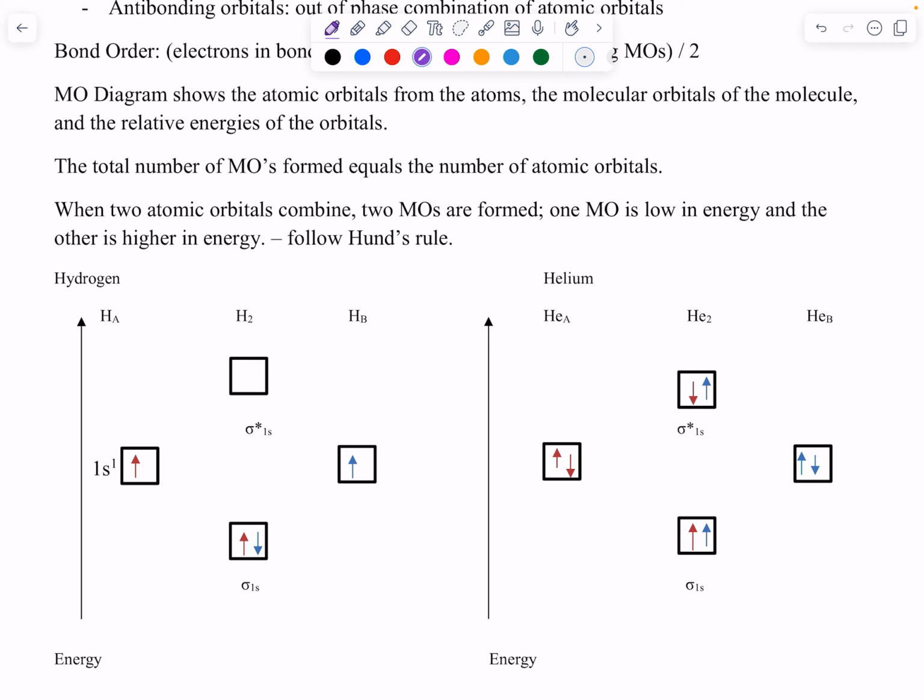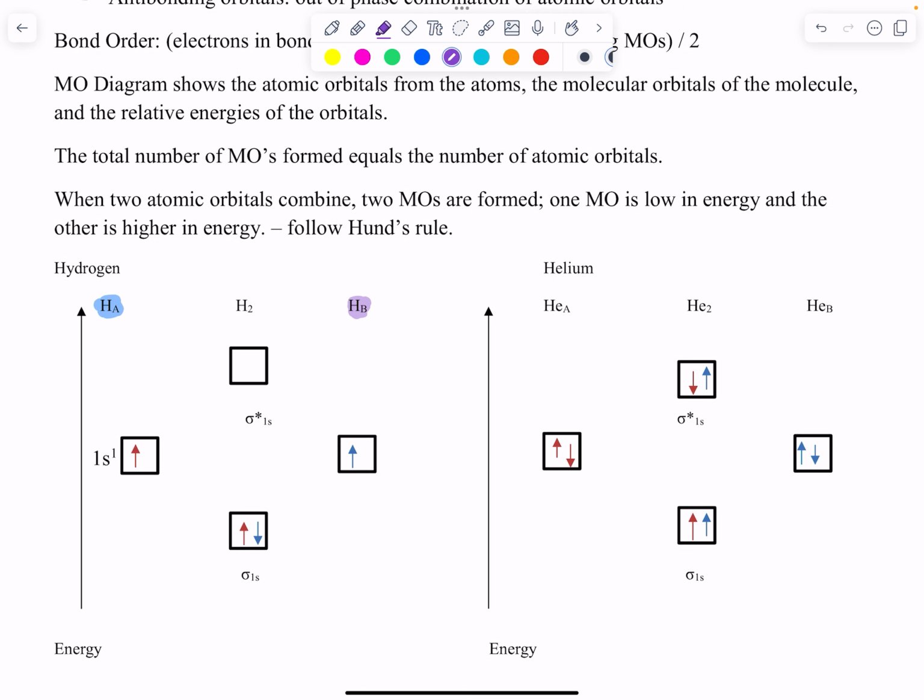You got a hydrogen, and I'm going to make the hydrogen highlight. You got the blue hydrogen and the purple hydrogen, and there's one S is all we have. So if you notice, this is for the purple hydrogen, and that's for the blue hydrogen.